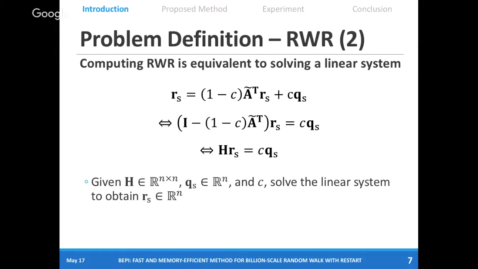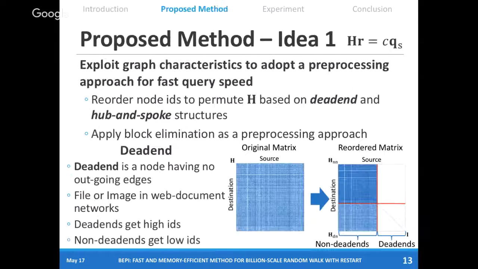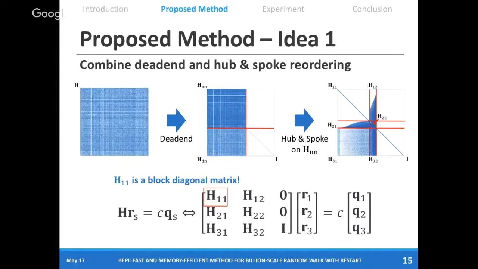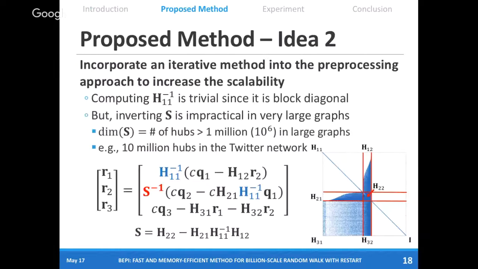So in the spy plot, because the graph is very sparse, this is actually the identity matrix plus the adjacency matrix. Can you understand? Okay, we may discuss it at the poster session.